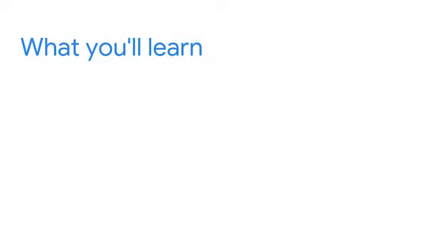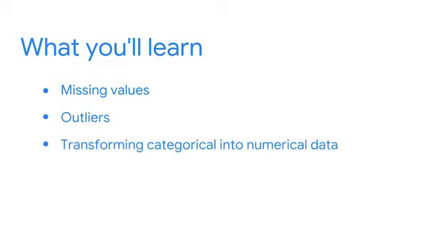Although there are many different ways to clean, join, and validate data, we will focus on missing values and outliers, the need for transforming categorical into numerical data, and the importance of input validation. Of course, we won't just talk about the concepts of cleaning, joining, and validating. You will learn how to apply them in a Python notebook setting. We'll use datasets that are comparable to what you will see on the job.